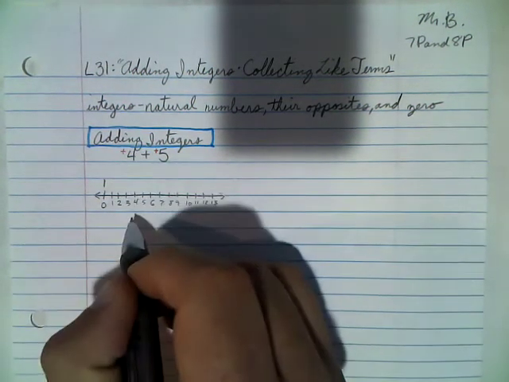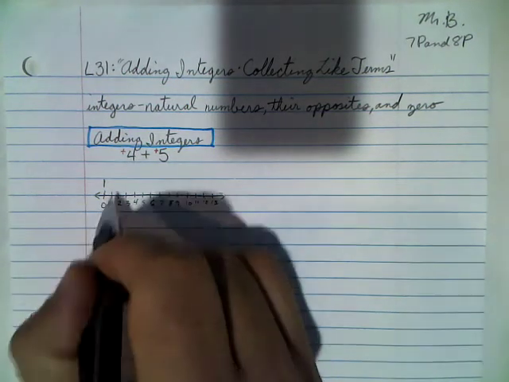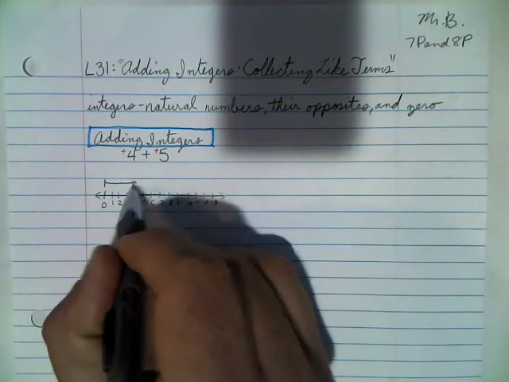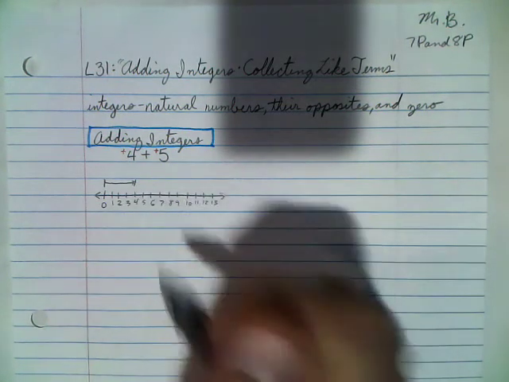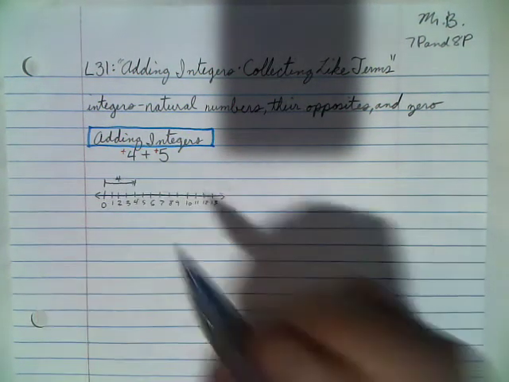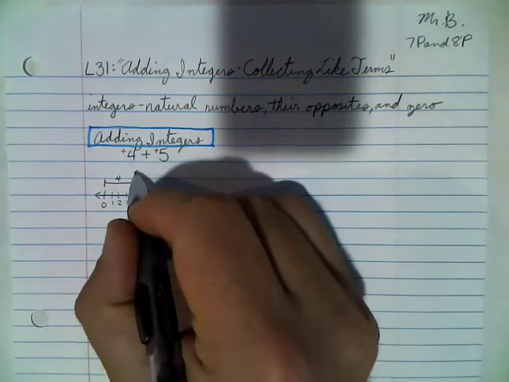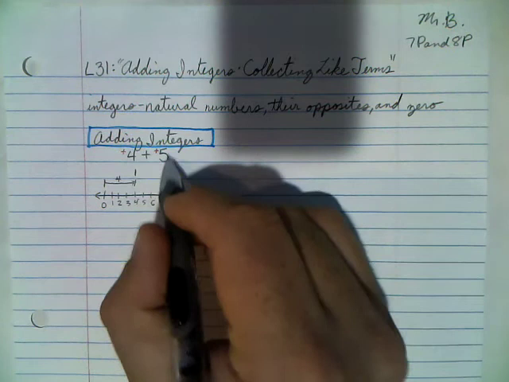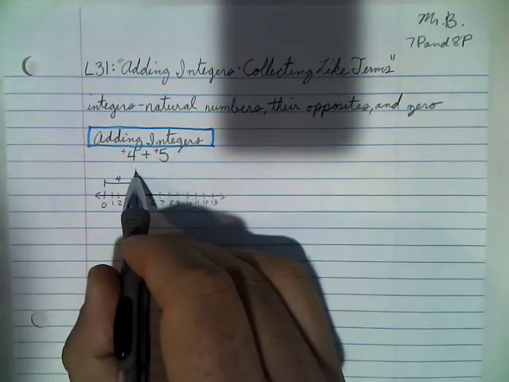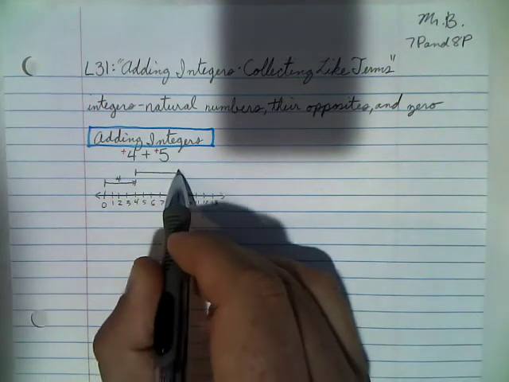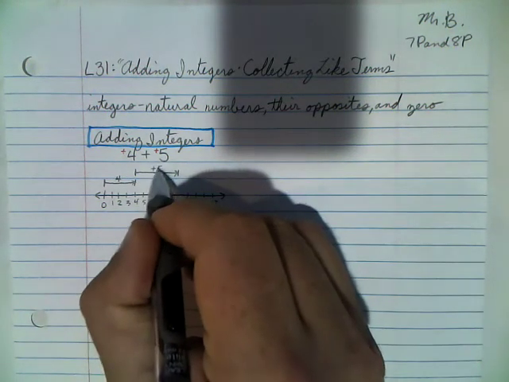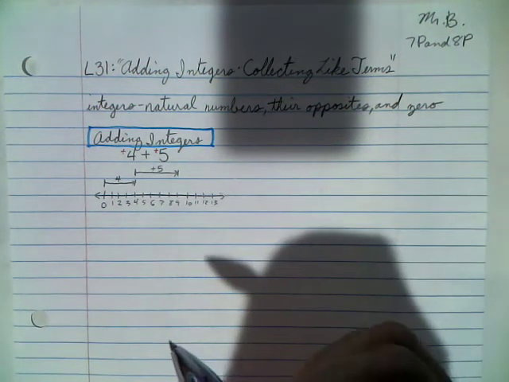So my first number is 4, a positive 4. Positive tells me to go to the right. So I'm going to go to the right 4 spaces, and I'm going to label this arrow. There's my 4. Now my next arrow is going to start where that one left off. And the positive 5 tells me to go 5 more. 1, 2, 3, 4, 5 more to the right.